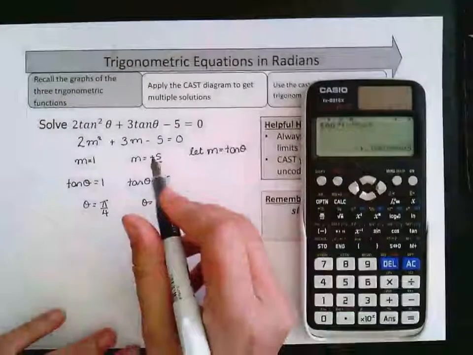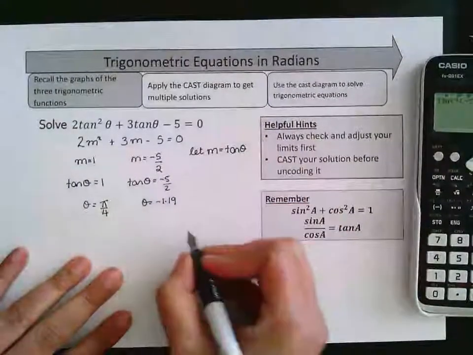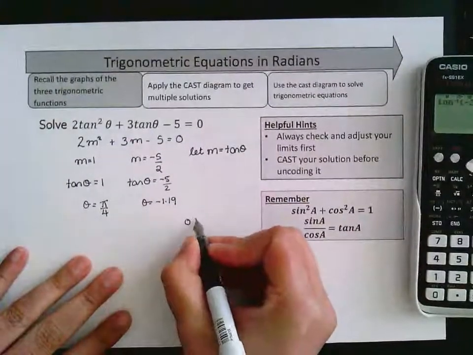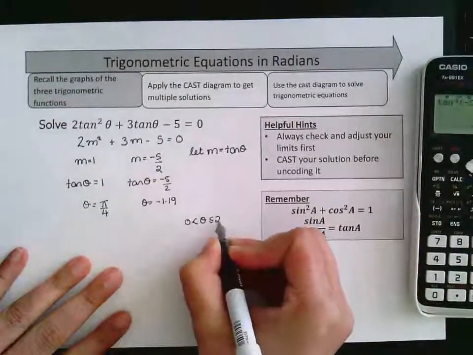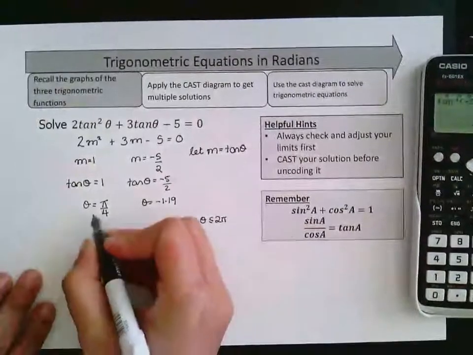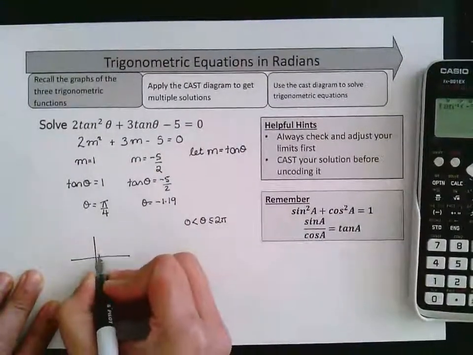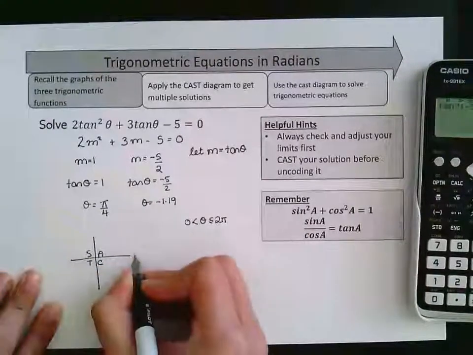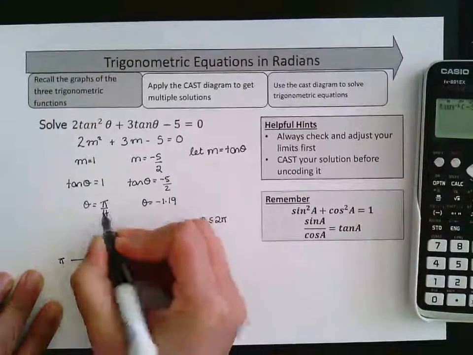Now I didn't give limits in this equation, but usually in an exam they would, so I'm going to go with the standard limits. If there's nothing given to me, I go for the limits between 0 and 2 pi. So I'm going to start with this one here. And I only label the x-axis. My angle is positive.